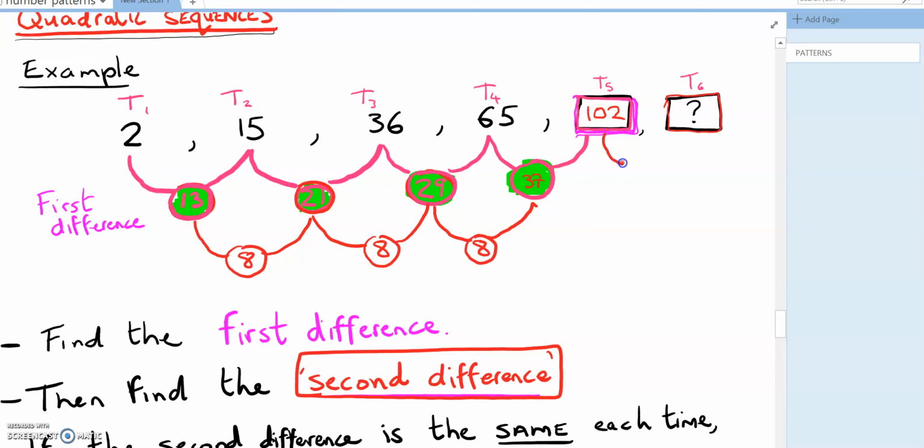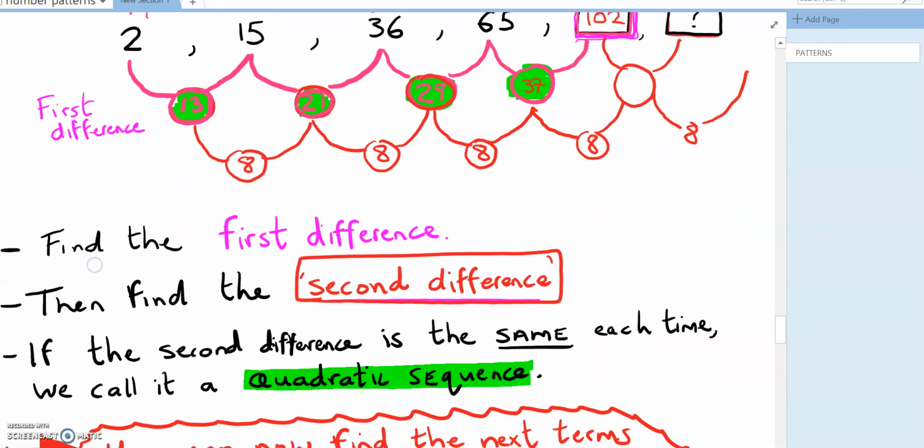I'd need to first of all work out another 8 up to this number here, and then another 8 onto the next number. We'll worry about that in a minute because we're getting a bit complicated there. Let's just figure out what quadratics are first.